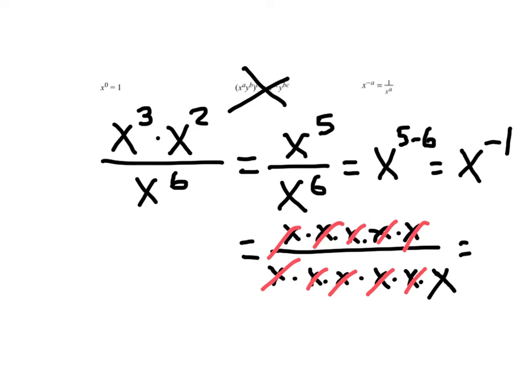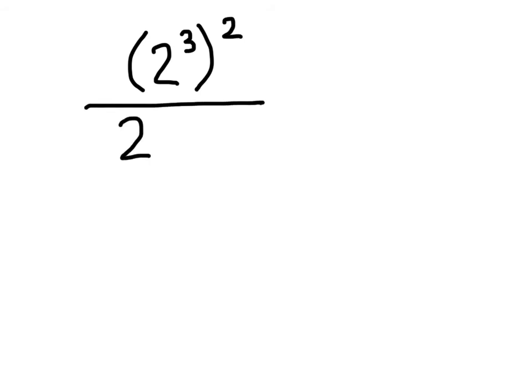Okay, so the other way to write this answer is 1 over x. All right, let's try this one. Go ahead and simplify that. Pause your video and restart to check your answer.